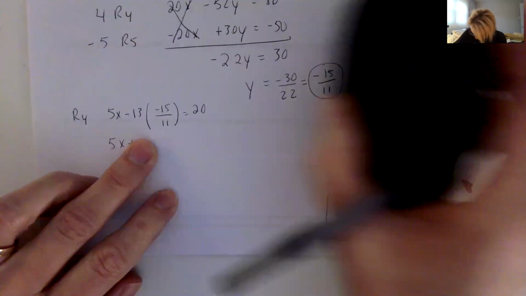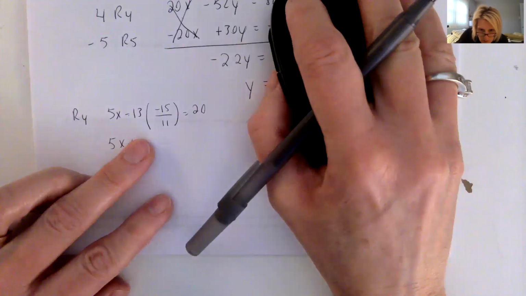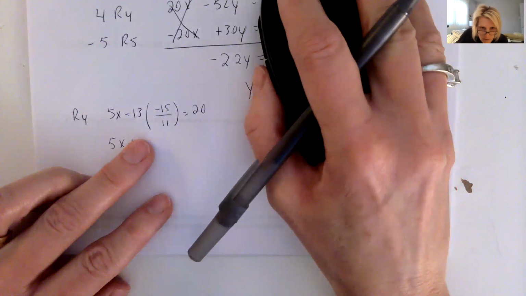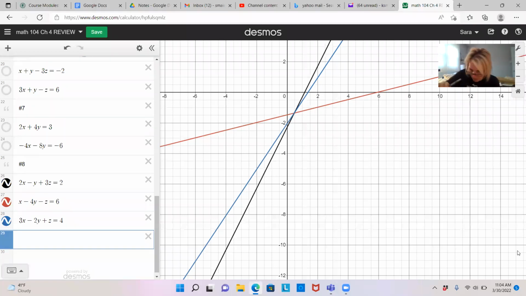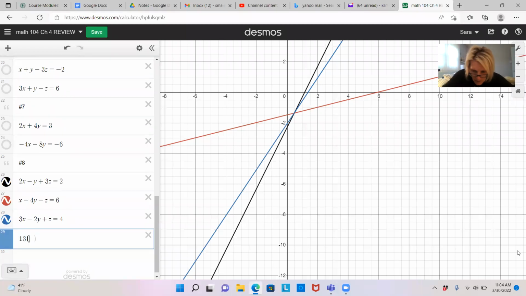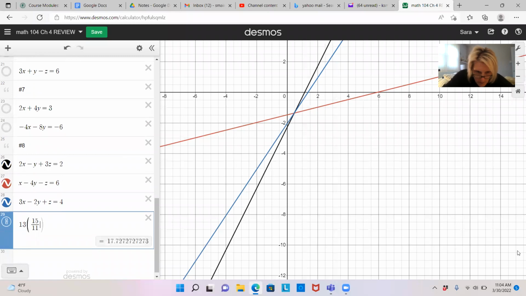And let's multiply in Desmos 13 times 15 over 11. Okay, so we get a decimal 17.72. Let's see if that is an even fraction. Okay, it is. It's 195 over 11. 195 over 11 equals 20.